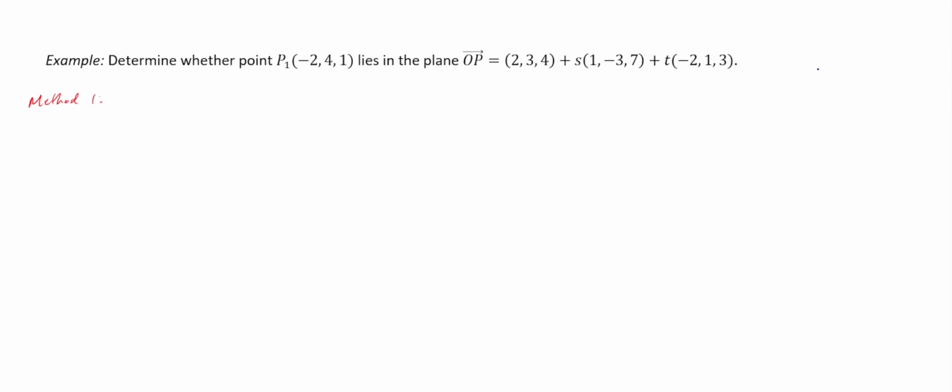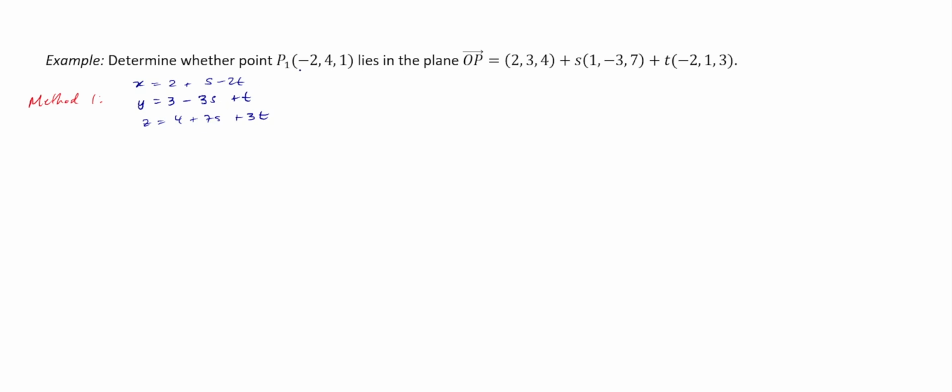Again, I'm going to try and write pretty small. What I can do is come up with the parametric equations for this plane. x = 2 + s - 2t, y = 3 - 3s + t, and z = 4 + 7s + 3t. And I'm trying to find if this point lies on this plane.